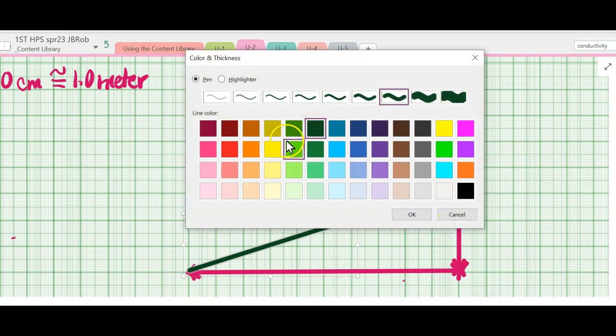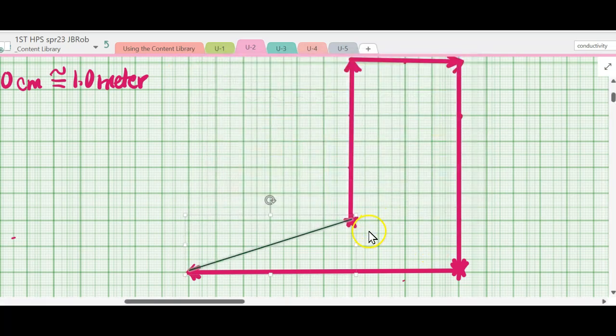We could. I think maybe that's all we can do. It doesn't need to be quite that thick, does it? It's pretty thick. We could make it more like this. There.